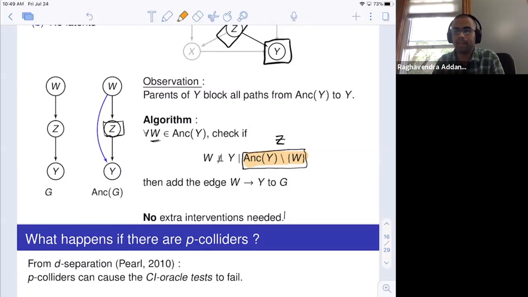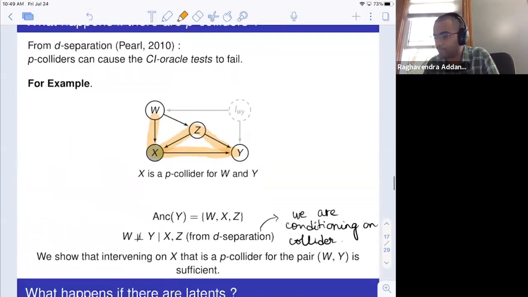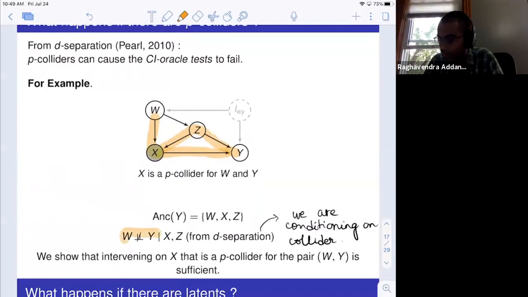So by mistake, we could have conditioned on a P collider which is an ancestor and which is not a parent. So this test will erroneously conclude that W is dependent on Y. Ideally, if there were no P colliders, we would get that W is independent of Y, and that's how we separate ancestors from parents.